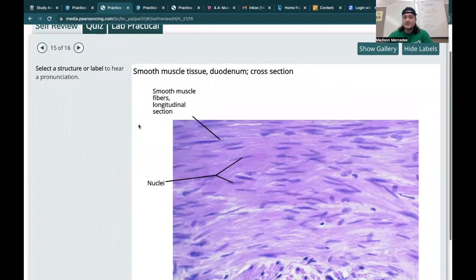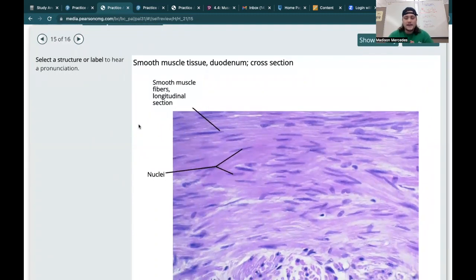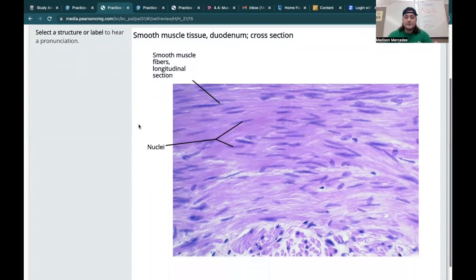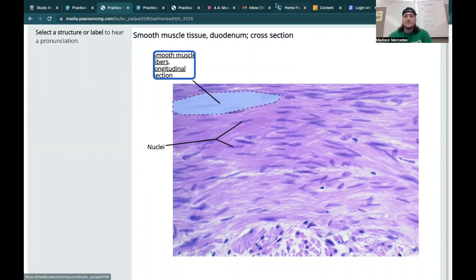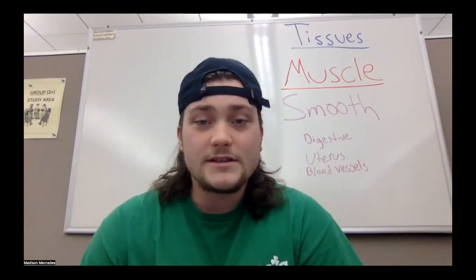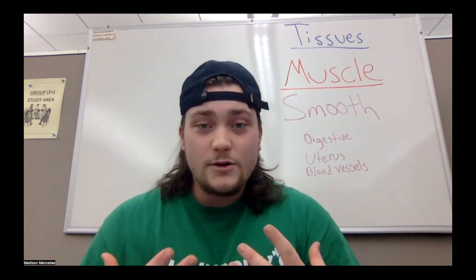Smooth muscle is found in the digestive tract, and that helps us move food along throughout the whole process, and then that fecal matter to eventually get the waste out of our body. It is also found in the uterus of the female reproductive system, which we cannot control.